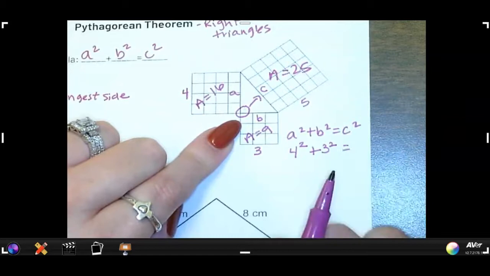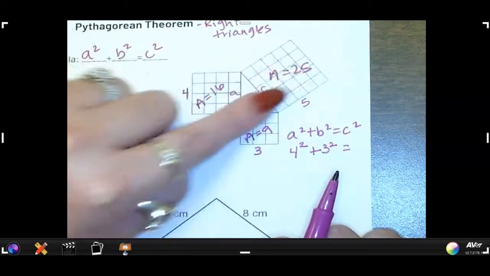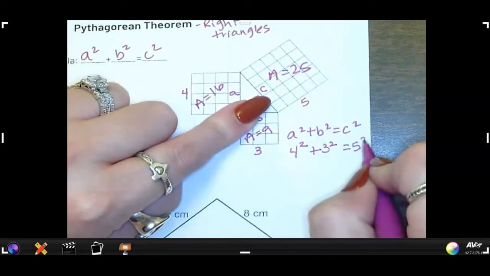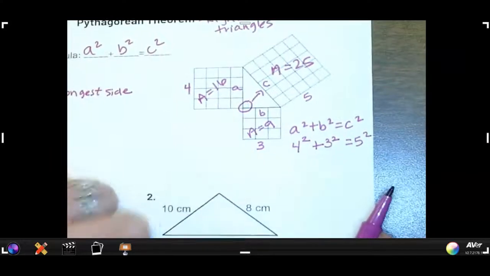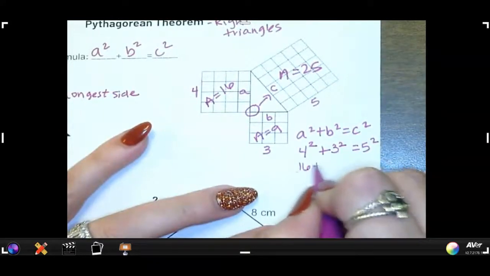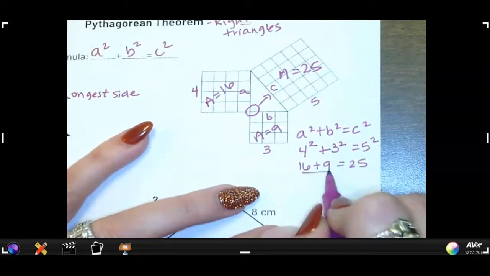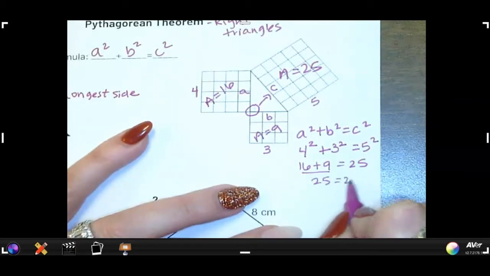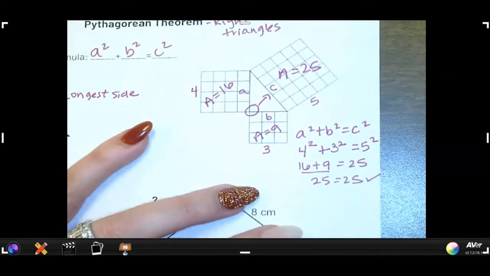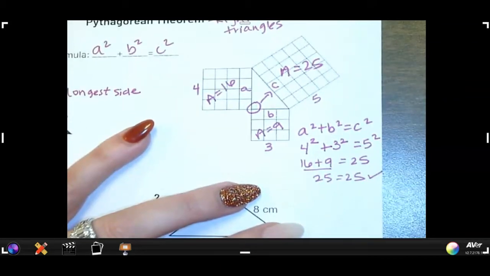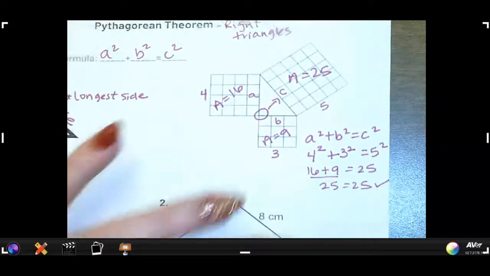Should be equal to this one, 5 times 5 is 5 squared. Okay, so 16 plus 9 should equal 25, and 16 plus 9 does in fact make 25. So this proves that this is a right triangle. Okay, that's what the Pythagorean theorem does.